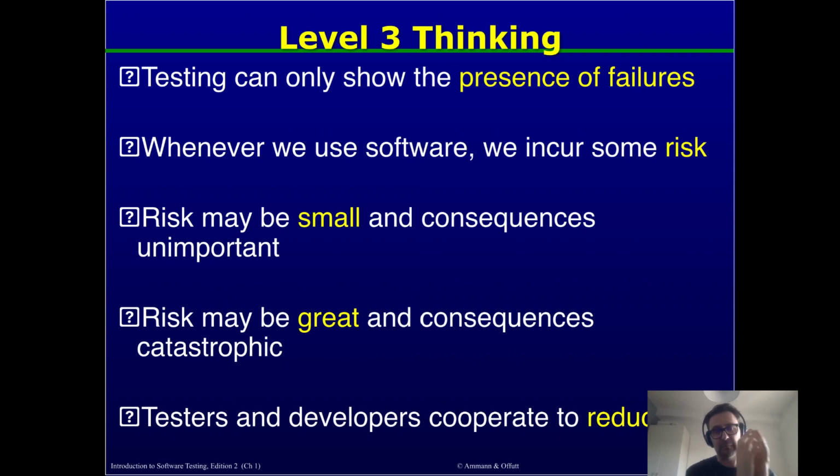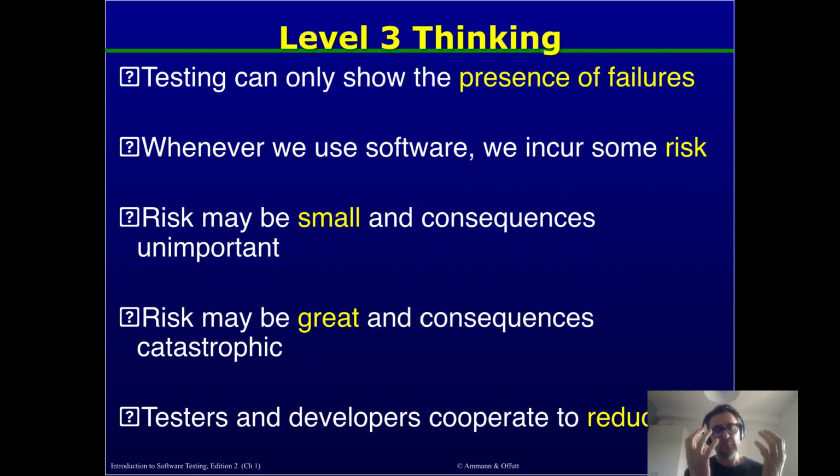We want that to be small, and the consequences of the remaining bugs or faults should be unimportant or not critical for the operation of the system. But of course, this is a trade-off. So depending on how much we do in testing and quality work, the risks may still be high, and the consequences of failures can be catastrophic.